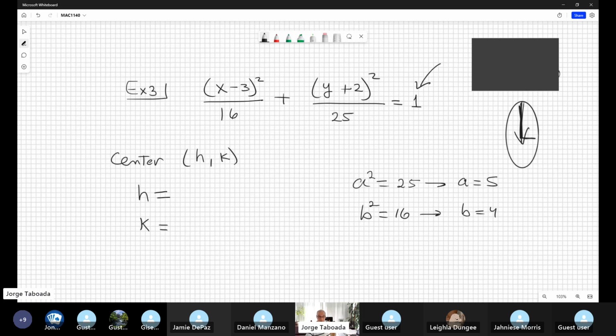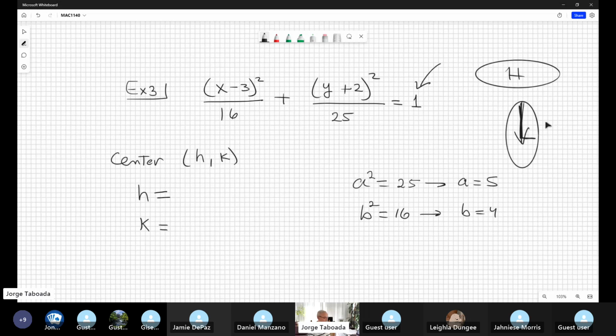Well, now I suppose you see the whiteboard very well, yes or no? Yes. Okay, look. It is obvious that h is 3, that number. But you see a minus in the equation. Why is 3 positive?